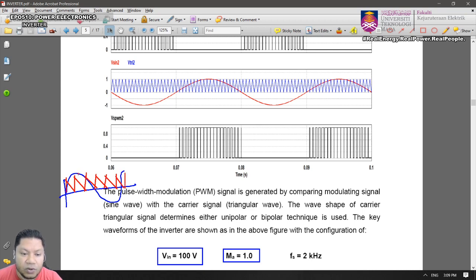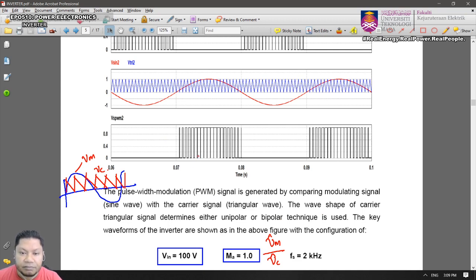Okay, so what is Vm? And this is Vc. So the modulation index is the ratio of the amplitude of Vm divided by the amplitude of Vc, isn't it, with a hat.